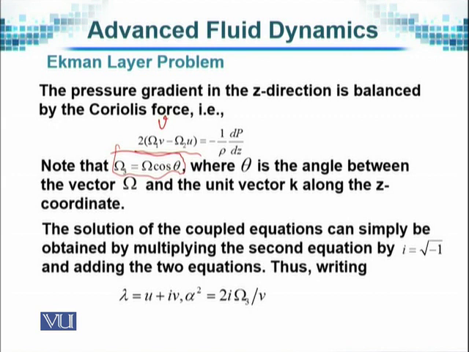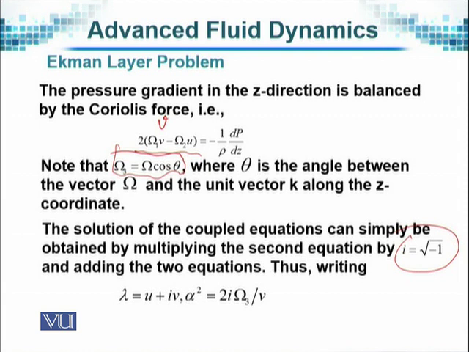The solution of the coupled equations can be obtained in a very simple manner by multiplying the second equation by iota, where iota is the imaginary number, square root of minus 1, and adding the two equations. We do this to obtain the solution in a simplistic manner.